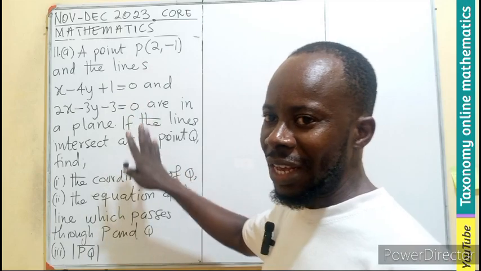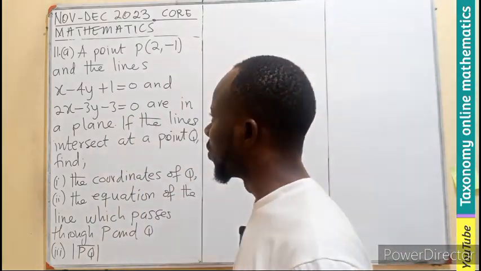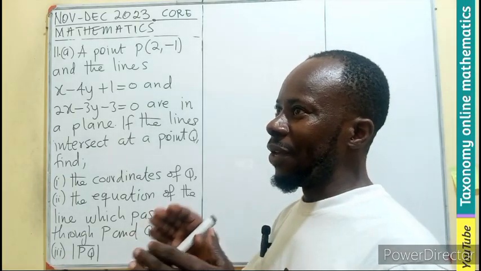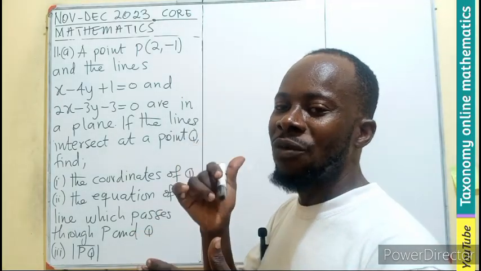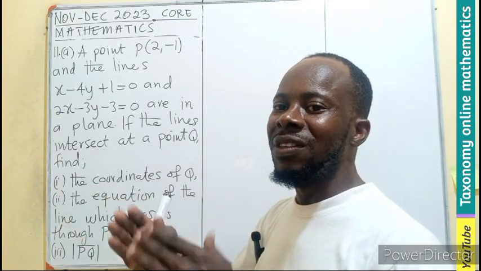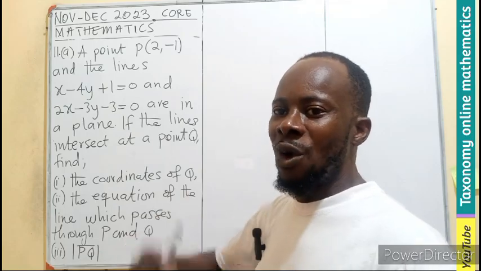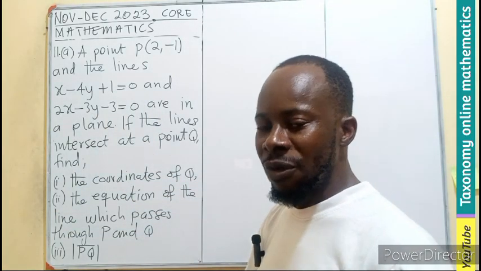I believe you know you can easily find these under coordinate geometry. Now, if you are talking of intersection of lines, it means we are solving the two equations simultaneously, finding the values of x and y which belong to both lines.